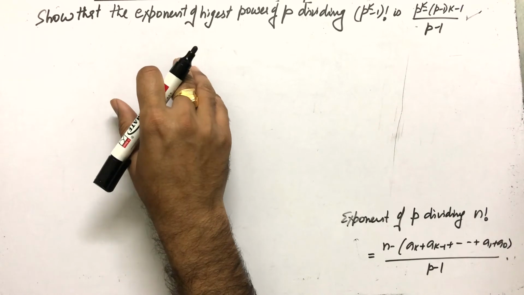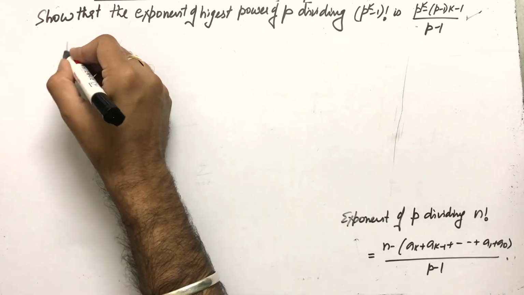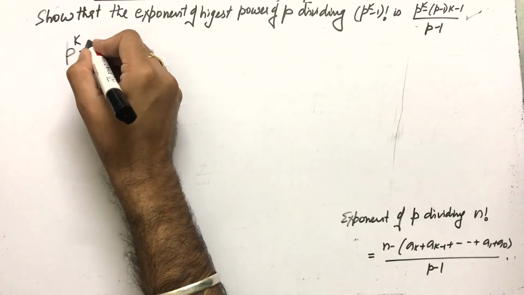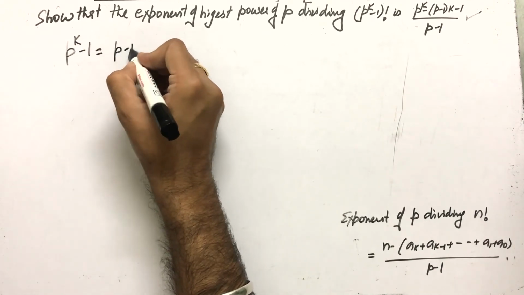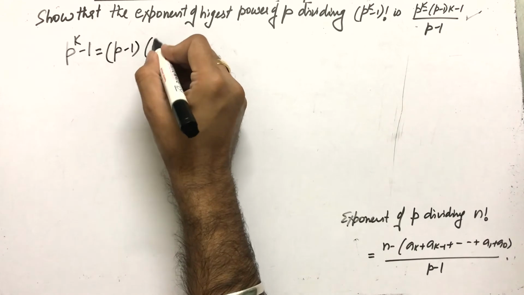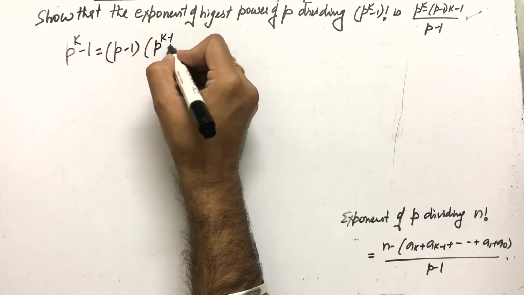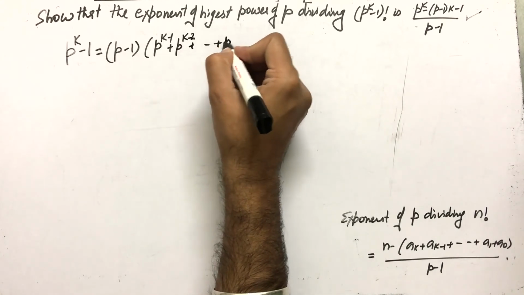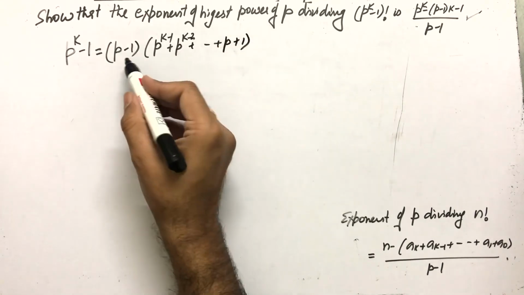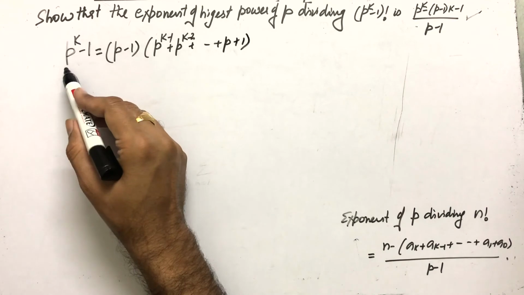So let us start. So first of all, we write the factorization of p power k minus 1, and very easily we can write it as, this is p minus 1 into p power k minus 1 plus p power k minus 2, so on p plus 1. So very easily, if you multiply these two, we will get this.